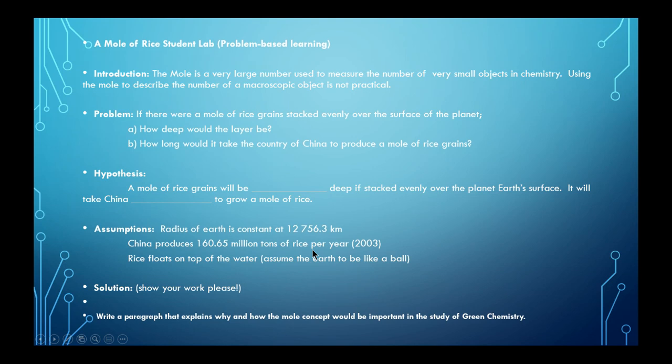What's that equivalent to in moles? So this is something that's authentic. They can actually search the updated tons of rice China makes, and how big the earth is. They can use their computers to look these things up, for more current information. Both are good. It's just that this is a 1 day project, a 1 day question, versus a project.